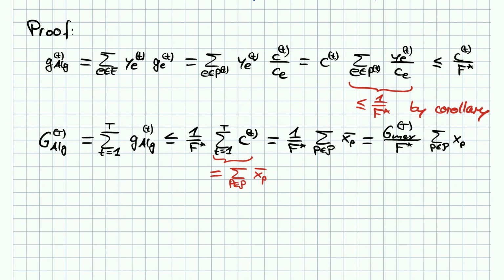So if we now start from the other side, we have that the gain of our algorithm is, of course, at least, or we could even say in this case equal to, the maximum gain that is possible minus the regret. This is just the definition of the regret.